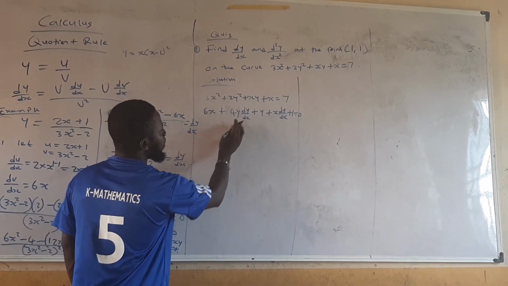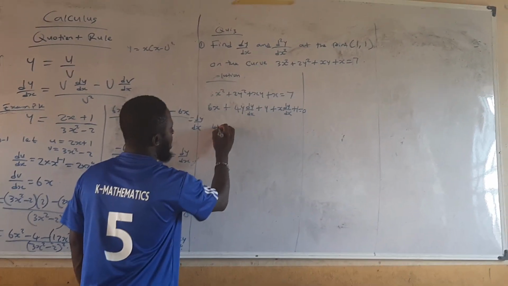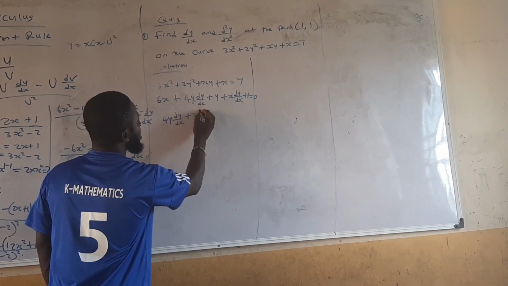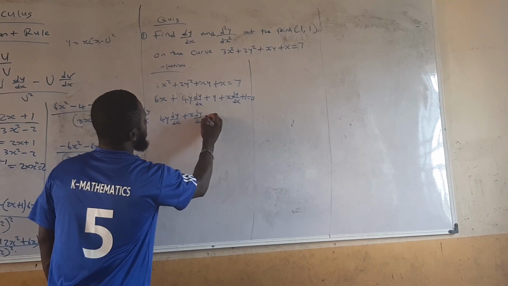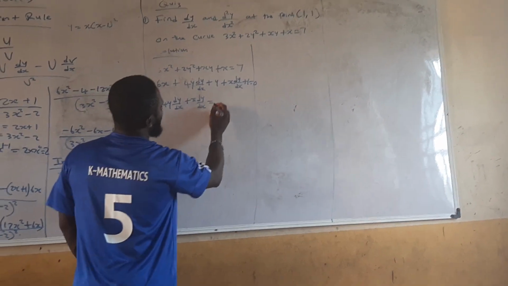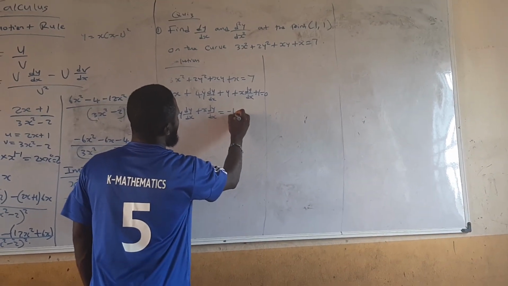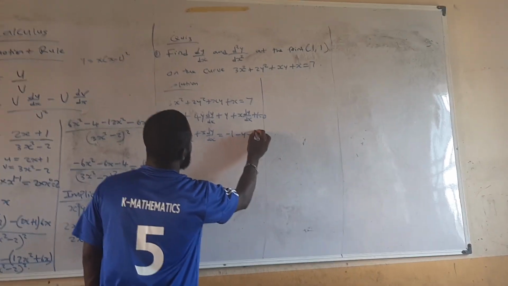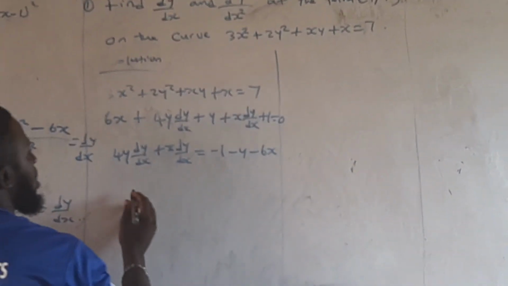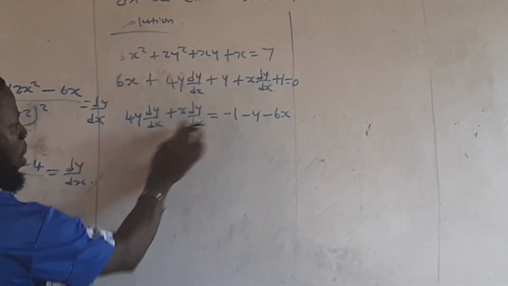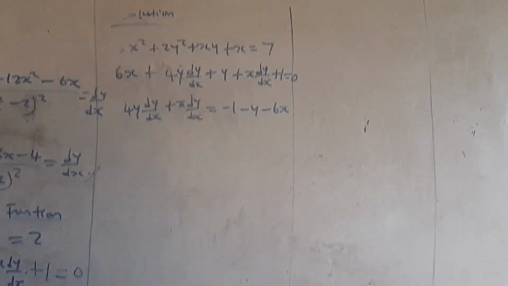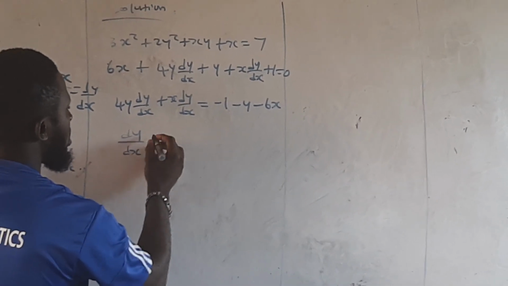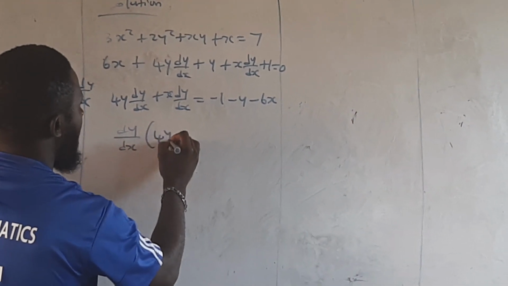Then we now have, collecting like terms, 4y dy/dx plus x dy/dx equals, I'll carry over the other ones, that will give me minus 1 minus y minus 6x. Then dy/dx is common, that's dy/dx into bracket 4y plus x.